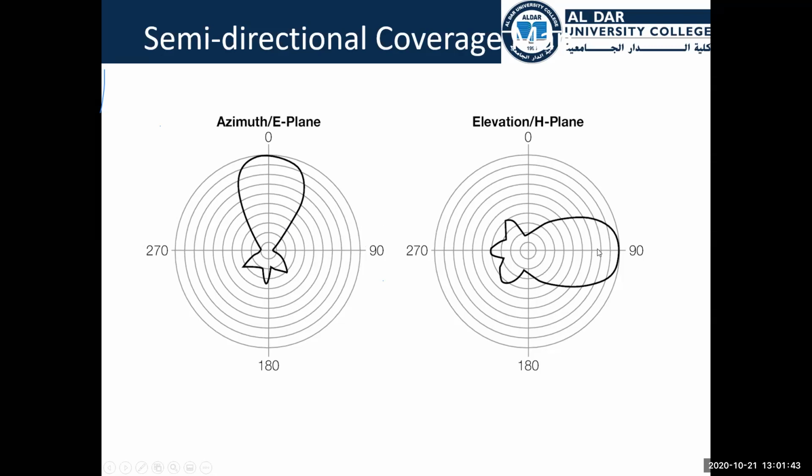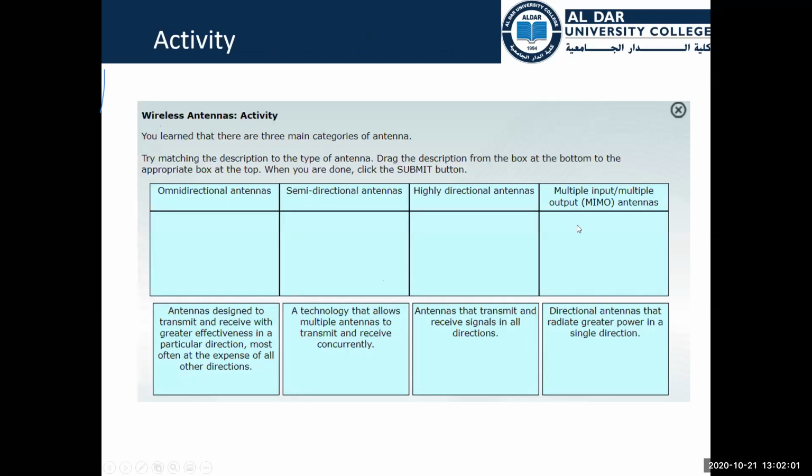So you take care of this because the coverage map is important, as I told you, to study the overlapping between the signals from different access points. So this is a semi-directional coverage map, okay?